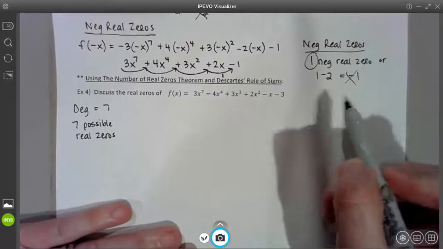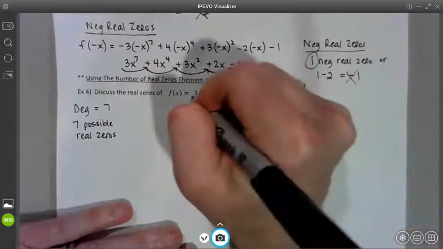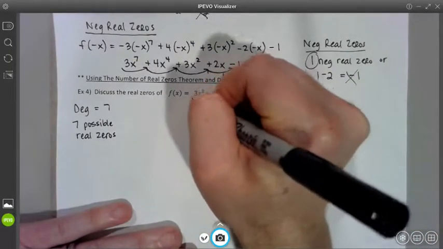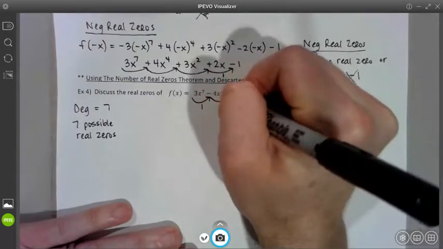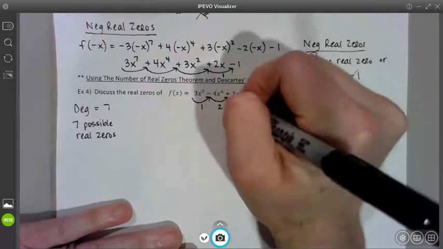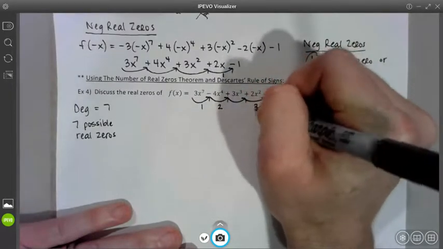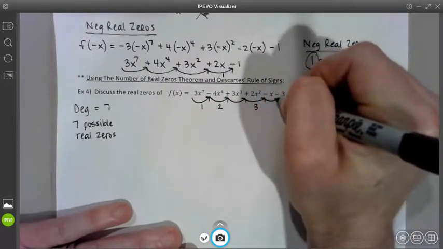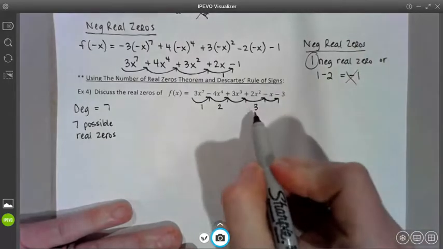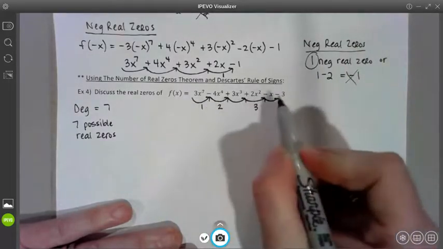Let's count the number of times the coefficients change sign. So that's positive to negative, that's once. Negative to positive, that's a second sign change. Positive to positive, nope. Positive to negative, that's a third sign change. Negative to negative, no. So that means there are 3 sign changes in the original function's coefficients.